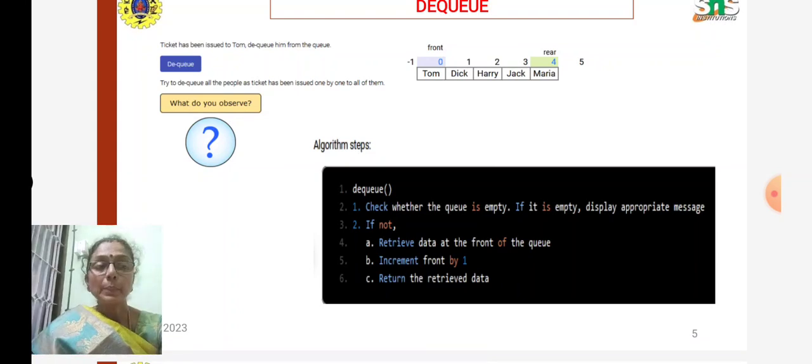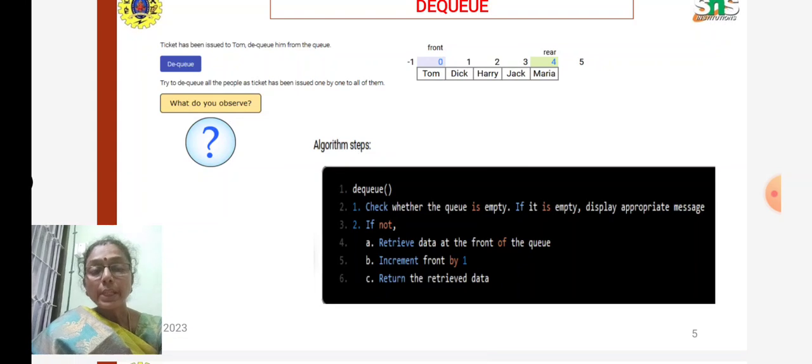I can repeat once again. First we check whether the queue is empty or not. If it is not empty, we can retrieve the data at the front end. For that retrieval, the statement we follow in the algorithm is to increment the front pointer by 1, that is front equals front plus 1.